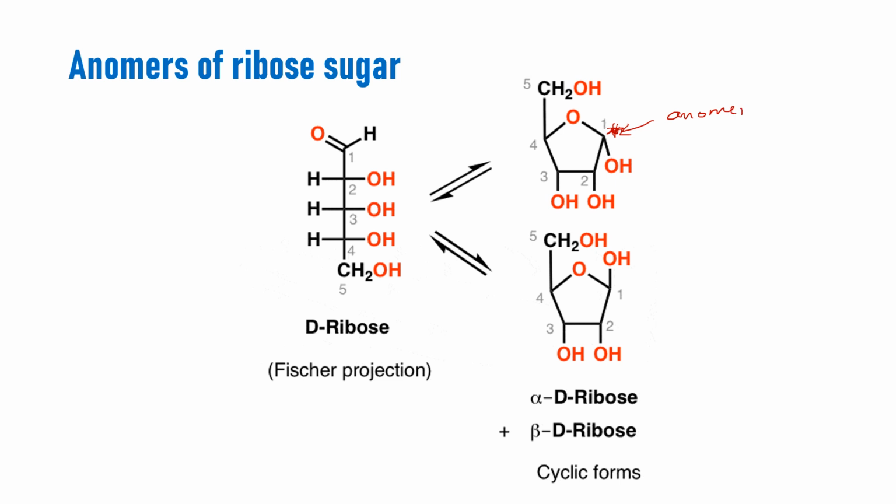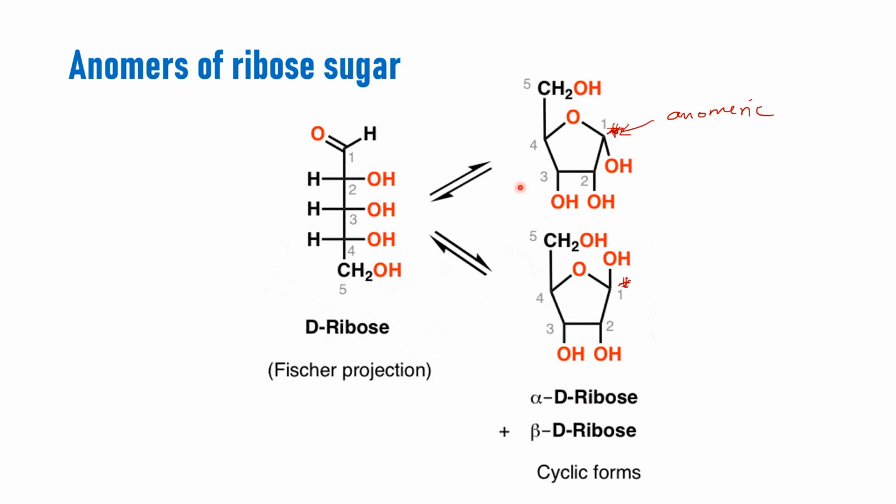This anomeric carbon is making the molecule chiral, and that is the reason why you are getting two possibilities. One possibility where the OH is down, another where the OH is up. The possibility where the OH is up is the beta form. The possibility where the OH is down is the alpha form.